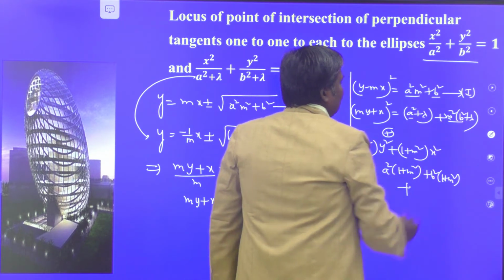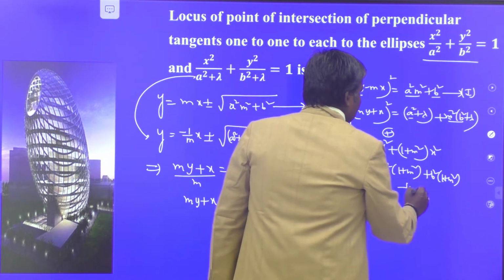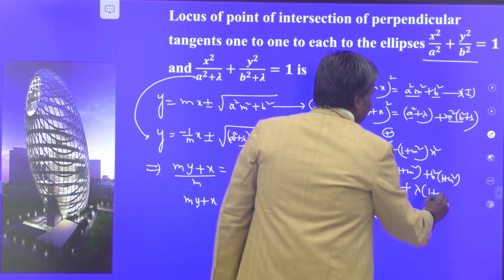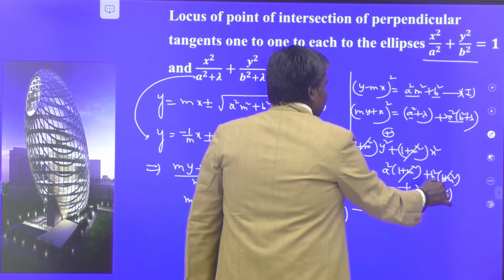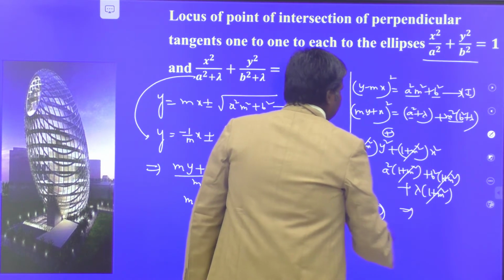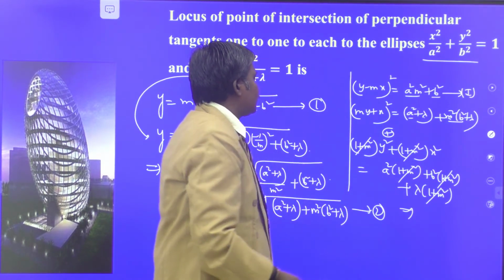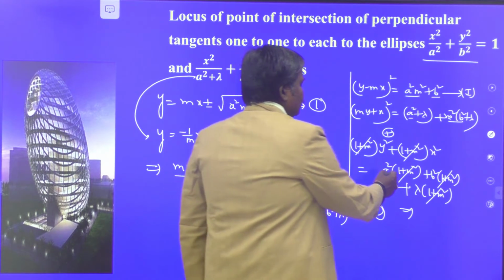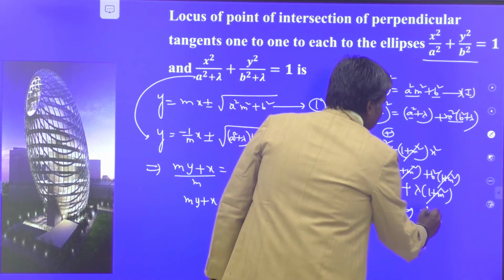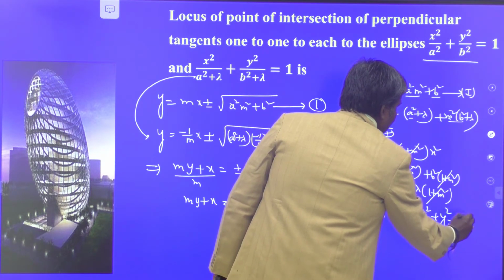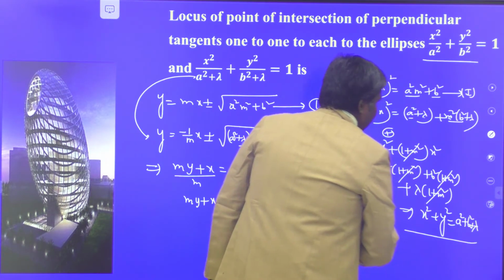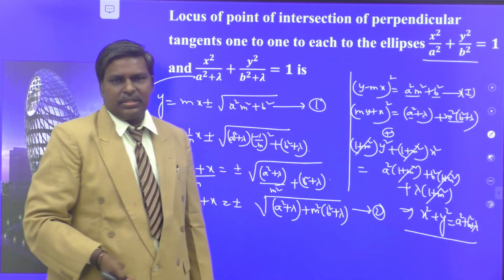Lambda plus m square lambda. You can take lambda common, that gives 1 plus m square times lambda. You cancel out 1 plus m square on both sides. You get x square plus y square is equal to a square plus b square plus lambda. This is your required locus.